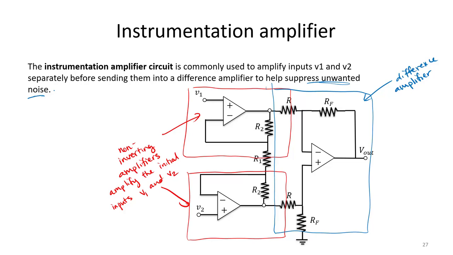So we're able to amplify each input individually and then subtract the two signals, and this allows us to get a cleaner difference and be able to more accurately measure whatever difference we need between those inputs. Similar to our previous example, this is often used to help suppress background noise that might be present in the input signals.